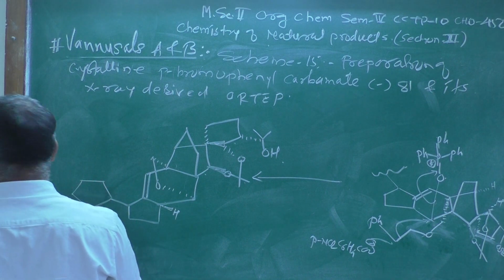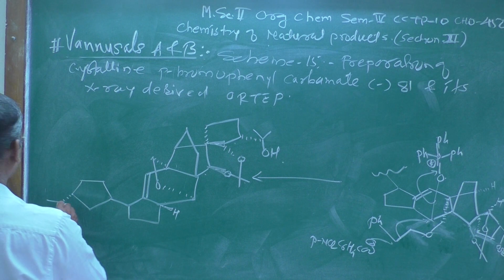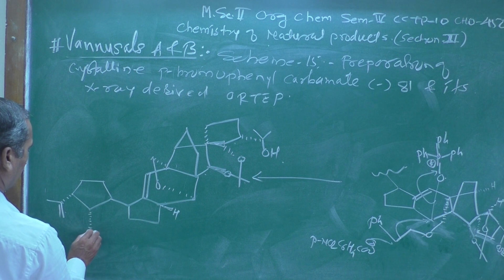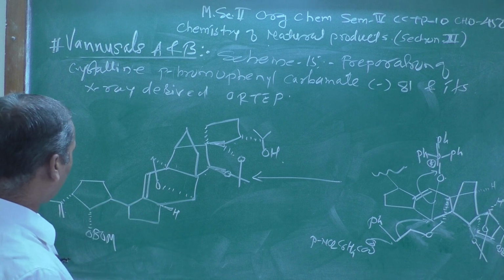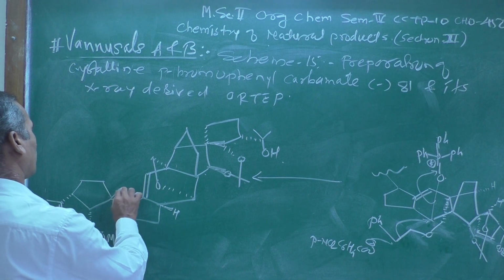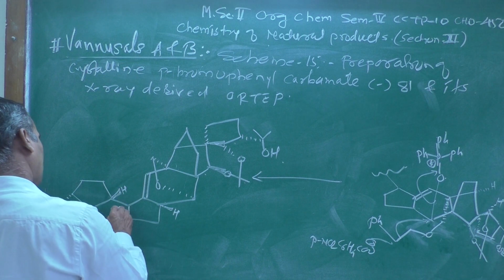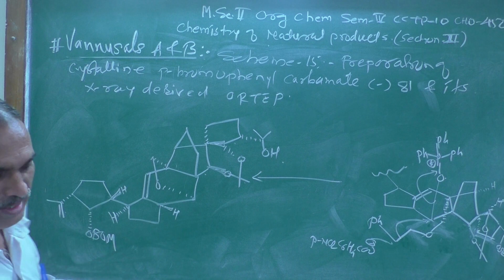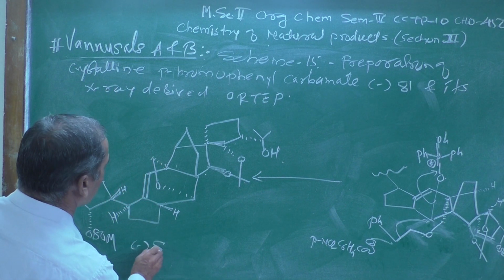Coming back to our A ring, which possesses an isopropylene group as well as the OBOM group, the hydrogen atom should be below the plane, above the plane, and this is the hydrogen atom which is above the plane, and this structure is nothing but minus 81.